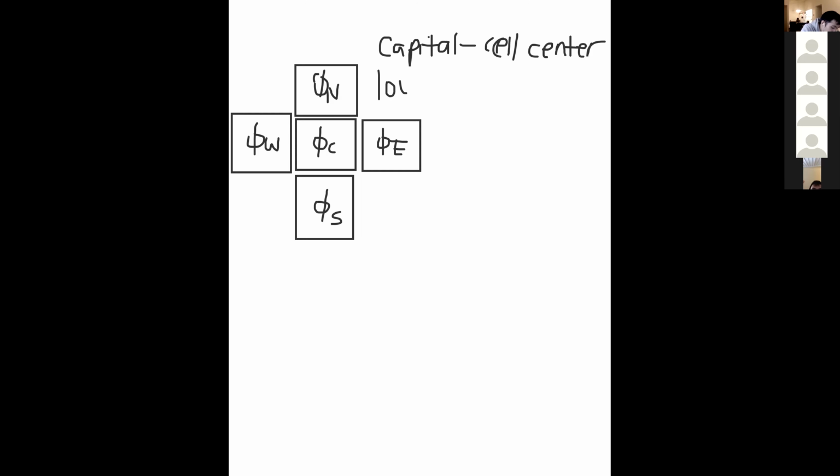Here we have phi north, phi east, phi south, and phi west. I'm using capital letters here to denote that these are cell-centered values, whereas in the previous board, I used lowercase to denote values at the face.